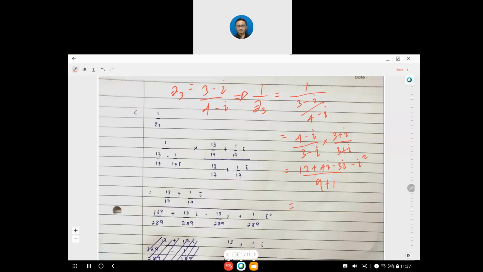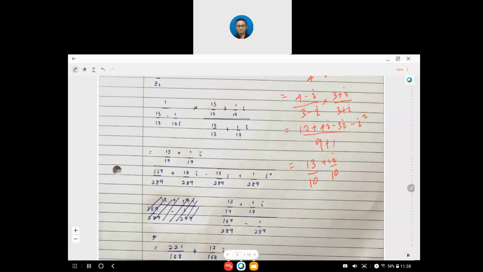So you can get 13 plus i over 10. Just like that. So solve this one. Easy, right?